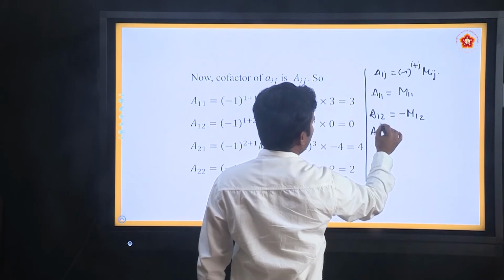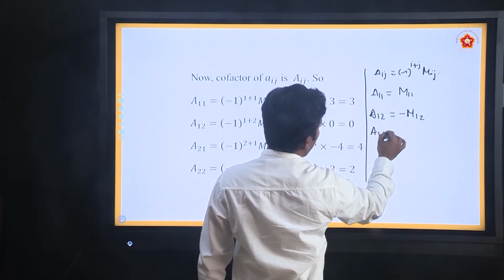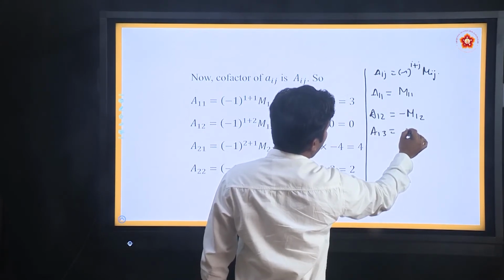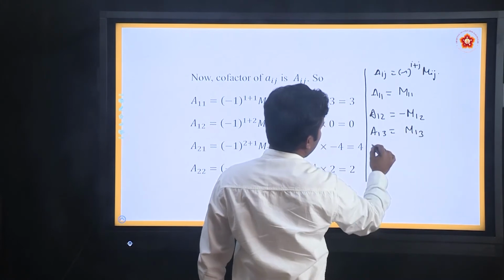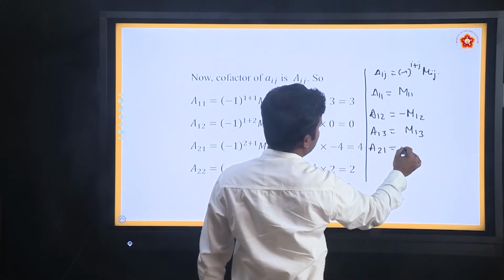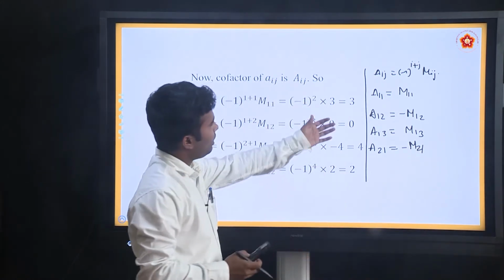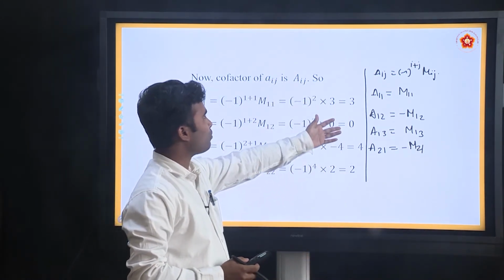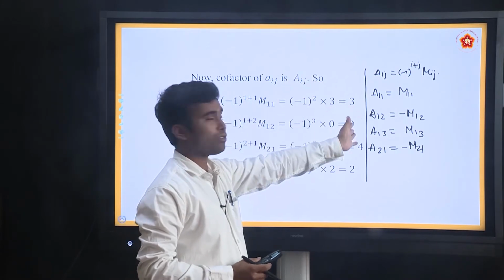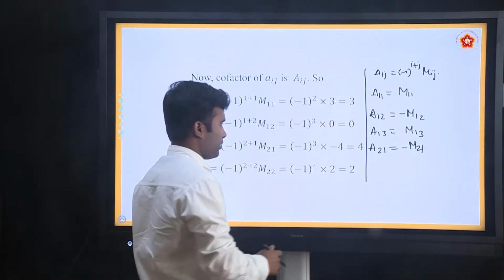a13 is plus m13, a21 is minus m21. If you remember this, it is easier to find which is minus as well as plus in cofactors.